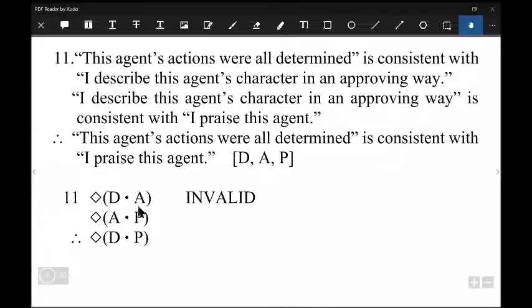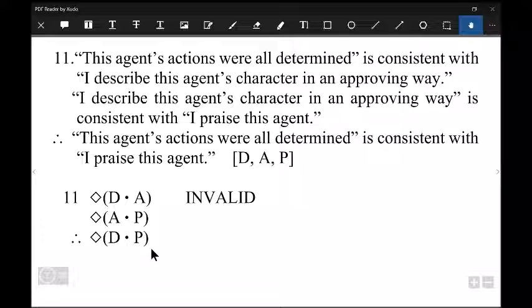This agent's actions are all determined is consistent with I describe the agent's character in an approving way. You could say all the actions of this person are determined, but I still describe the character in an approving way. I describe the agent's character in an approving way is consistent with I praise the agent. Therefore, this agent's actions were all determined is consistent with I praise the agent.